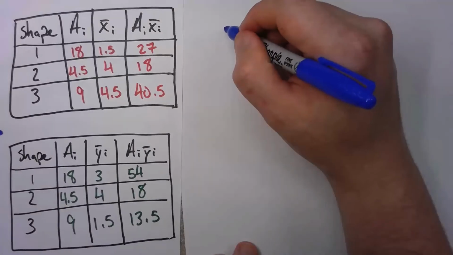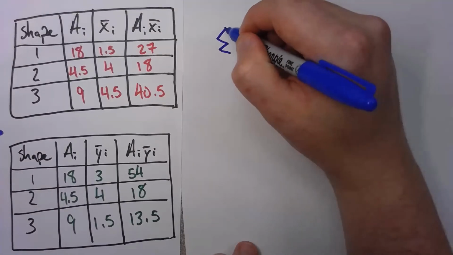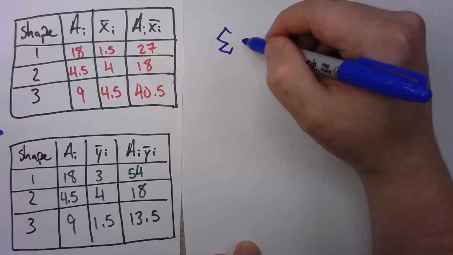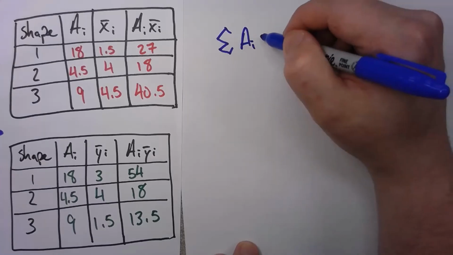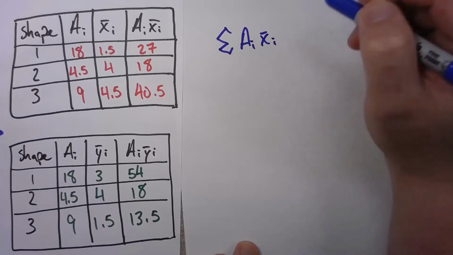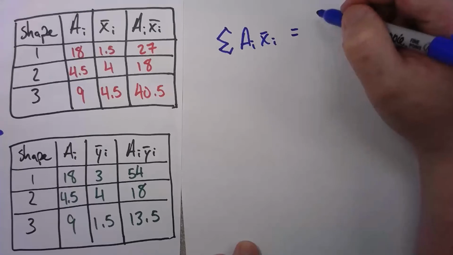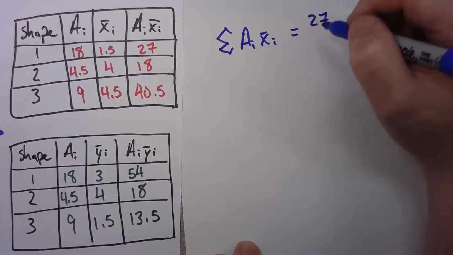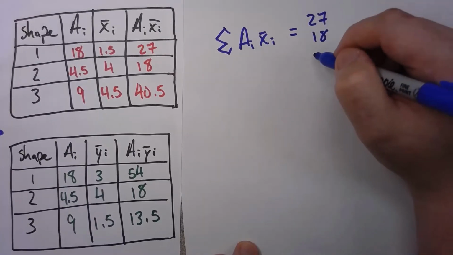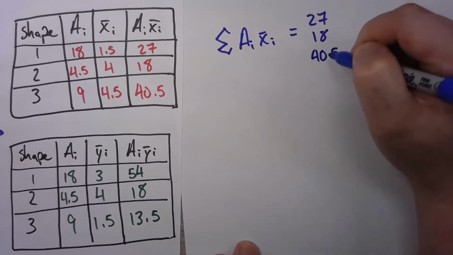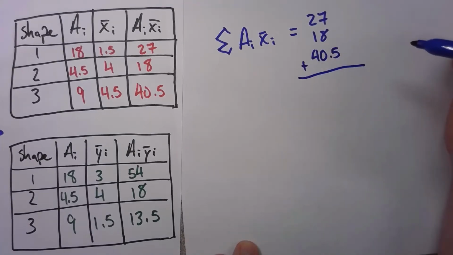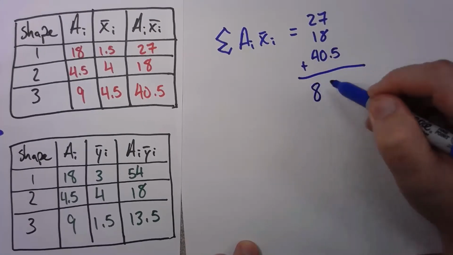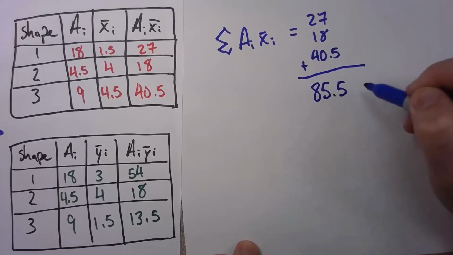So what we're looking to do here is get the sum of the areas times our x bars, which in this case is going to be equal to 27 plus 18 plus 40.5. So if we add that guy up, we get 85.5.